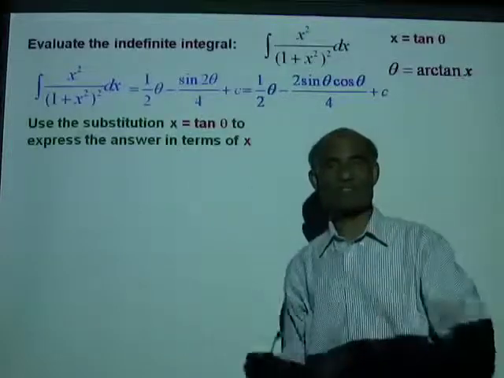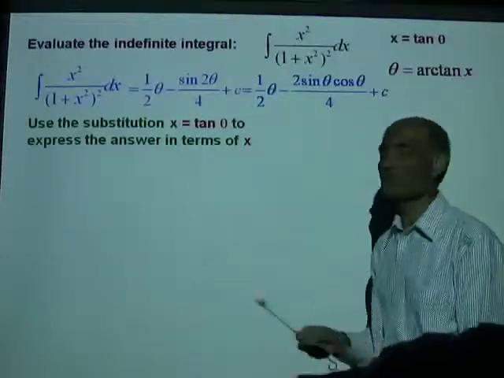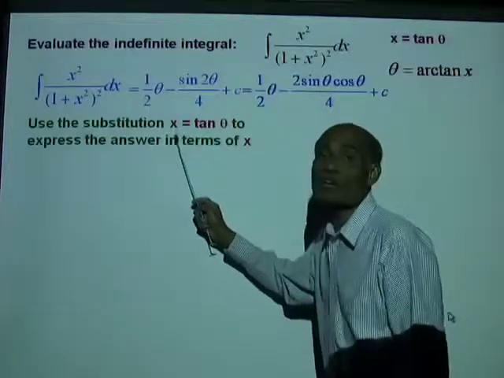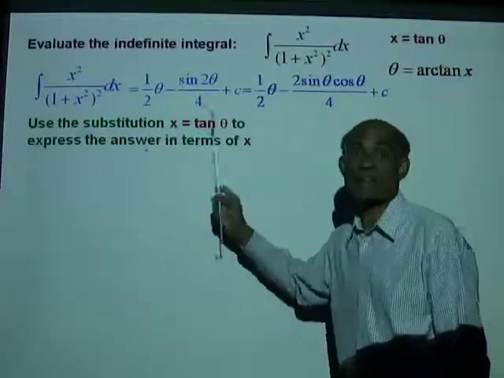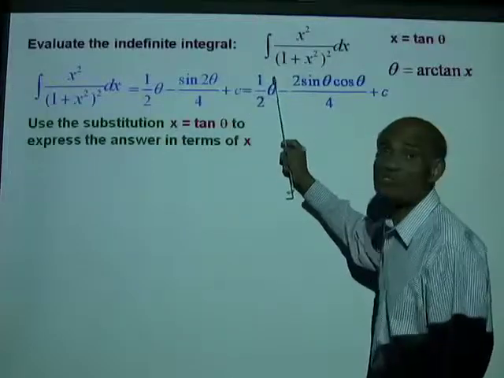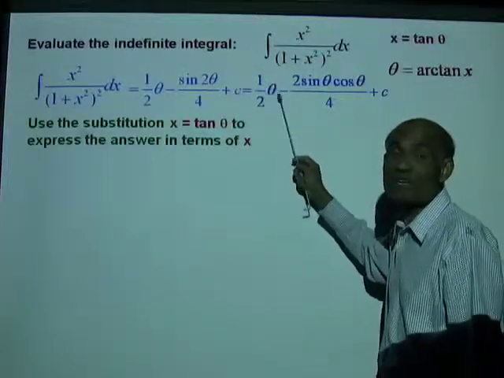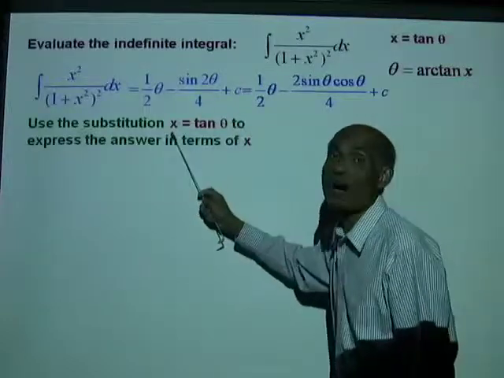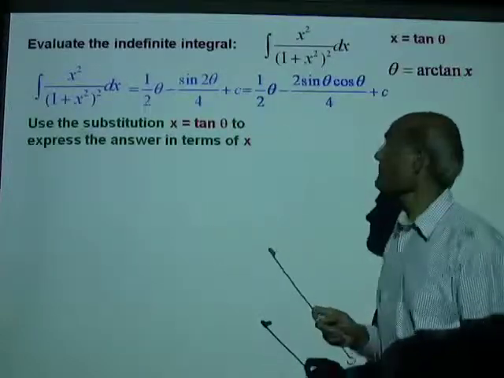That's the inverse function that we talked about so many times. That means in these results, this theta can be replaced right away. What is theta? Theta equal to arctan x.